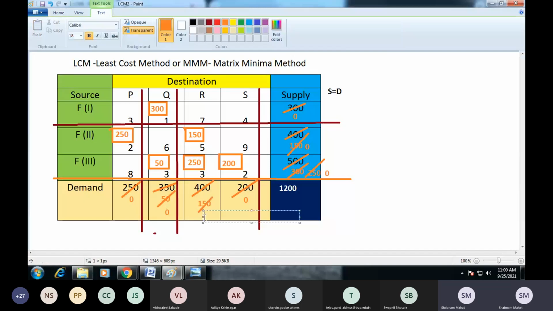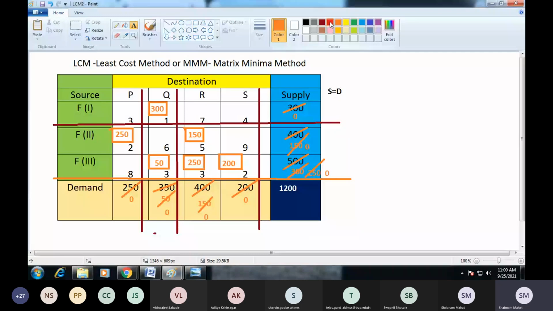So first of all, check that. Again, this is my cell.